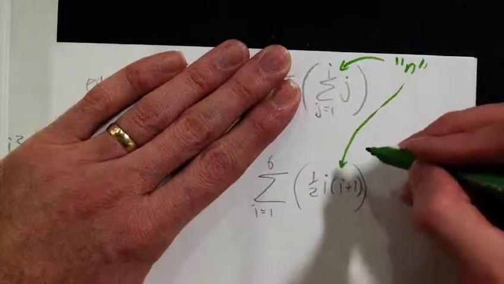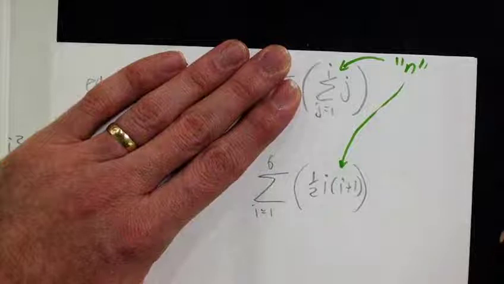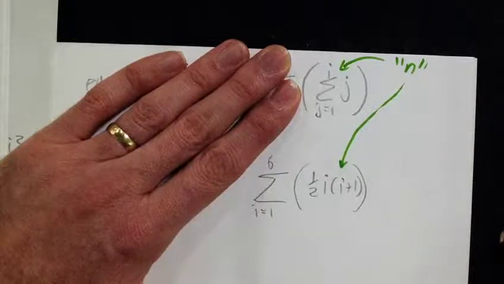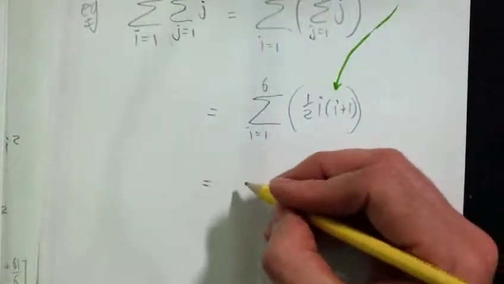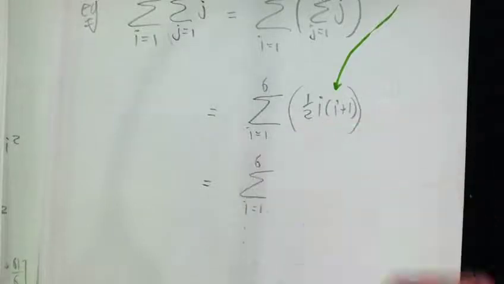Now, I don't like calling things by the name of the letter that it normally stands for, but sometimes it helps. And now I can do this. Now, I don't have ways of dealing with multiplication inside a sum sign. Sums do not interact with multiplication. They only interact with multiplication by a constant and with addition. So I'm going to have to separate that.